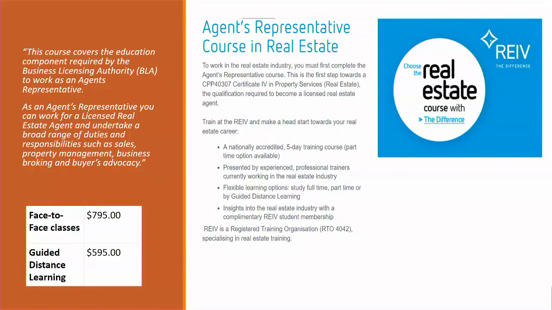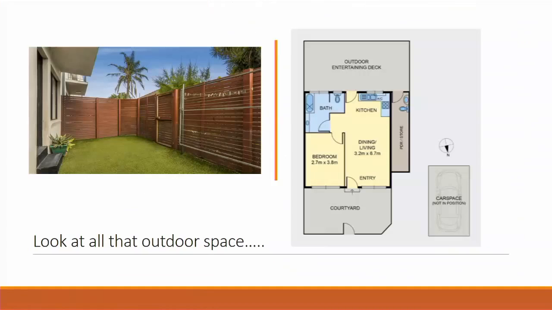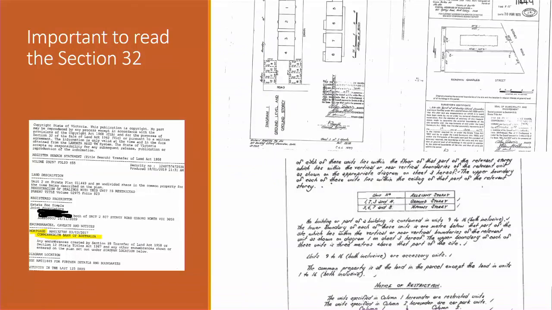In this case, I was dealing with a licensed real estate agent who made it very clear that all the outside space, all the grey bits, that's all yours. But of course it wasn't the case.